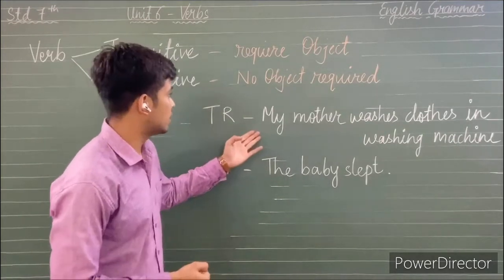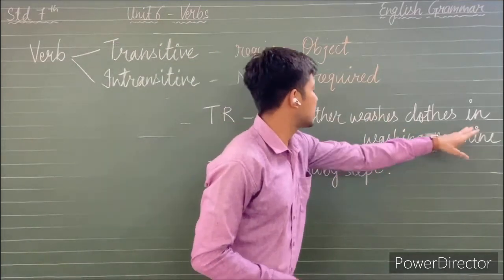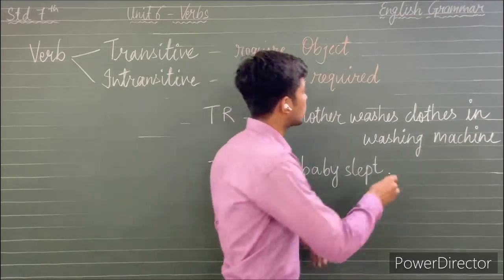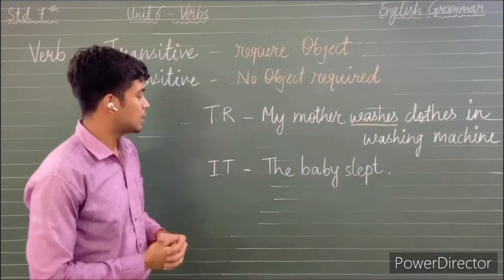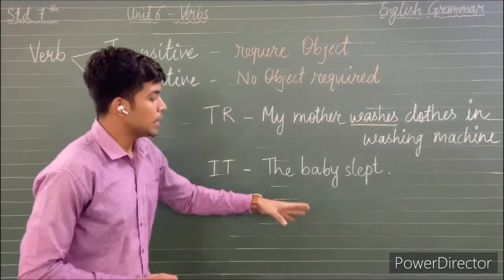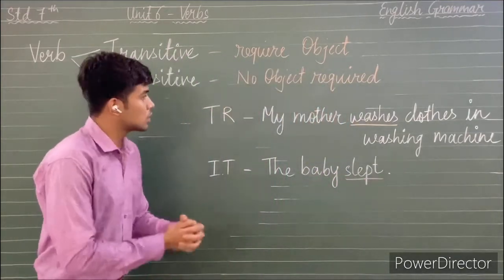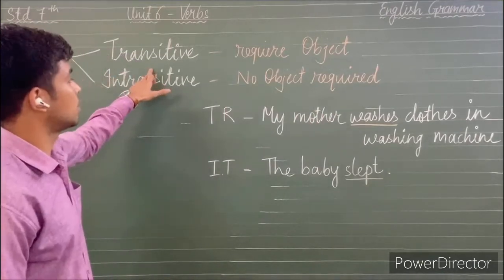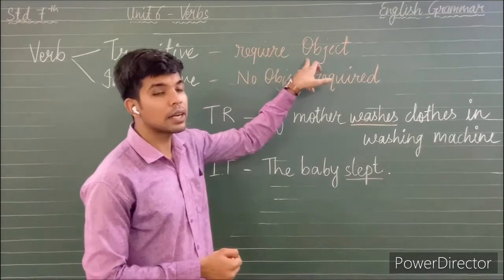In this sentence, my mother washes clothes in the washing machine, washes is the verb. And in this sentence, the baby slept, slept is the verb. First of all, transitive verbs. Transitive verbs always require an object.